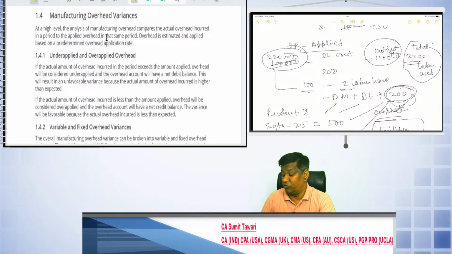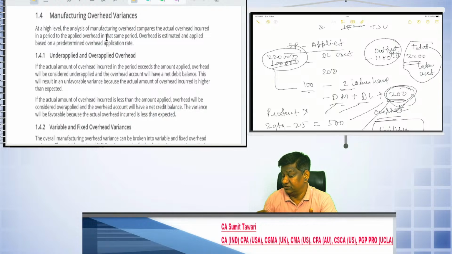If I produce per quantity, I need to add an additional 200 for my production. Again, whatever the direct material actual and direct labor actual, I need to add the 200 in my costing as allocation of production overhead. So this is how we apply the production overhead to the costing.